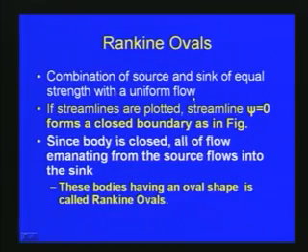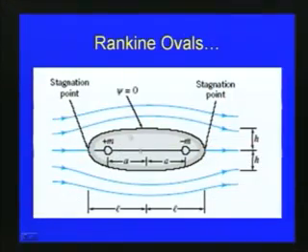The half body we obtained by superimposition of a source within a uniform flow, but now we will get the Rankine ovals by combining a source and sink, not only a source as in the case of the half body, of equal strength with a uniform flow. If streamlines are plotted, you can see that psi equal to 0 forms a closed boundary as shown in the next figure. Here you can see a closed boundary is formed.